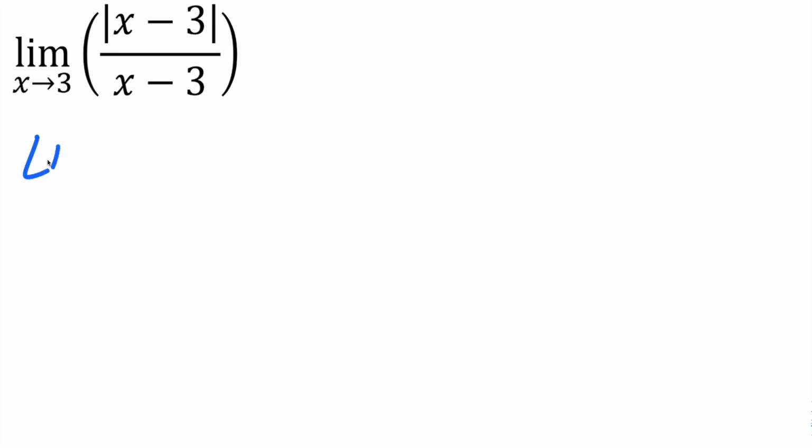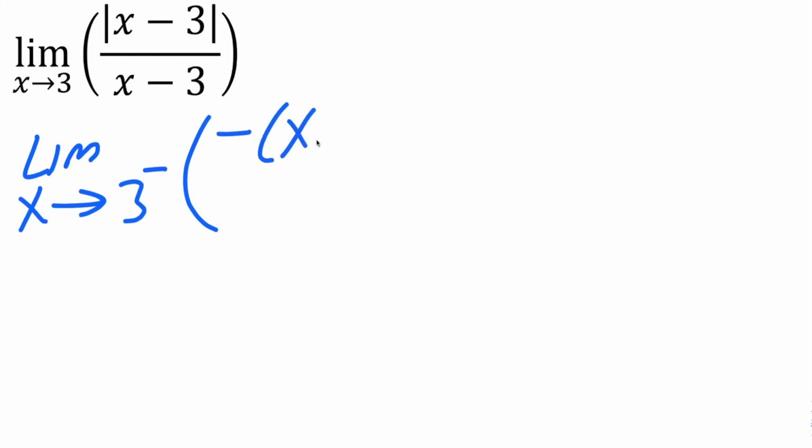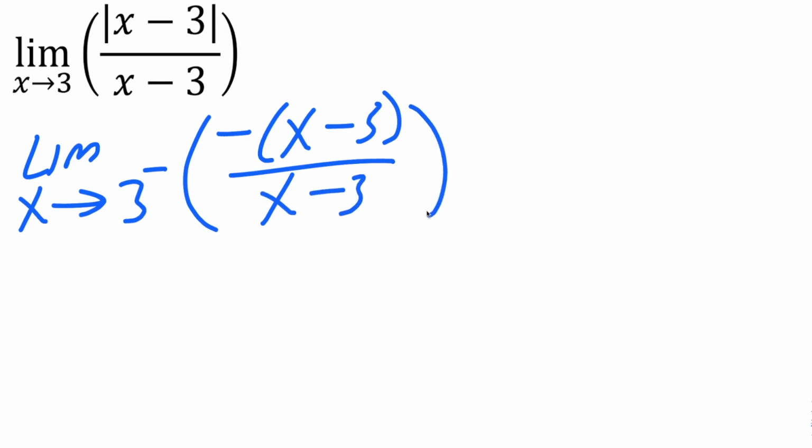So one version, we're going to say the limit of x approaching 3 from the left. Then we're going to say parentheses, instead of saying absolute value of x minus 3, I'm going to change it to negative parentheses x minus 3 divided by x minus 3. And off to the side, I can say when x is less than 3.